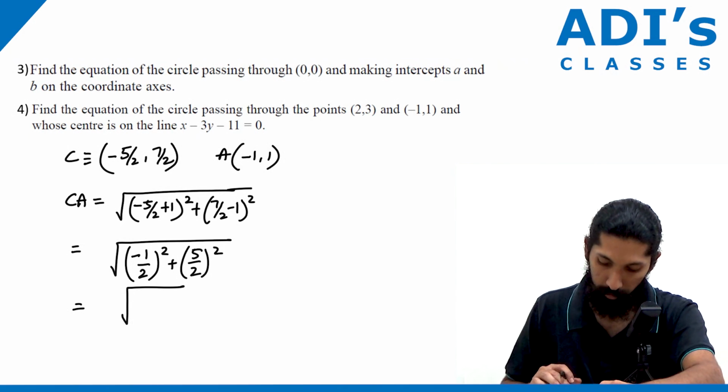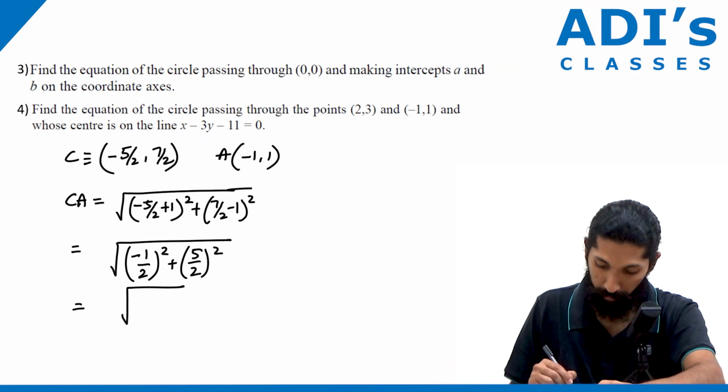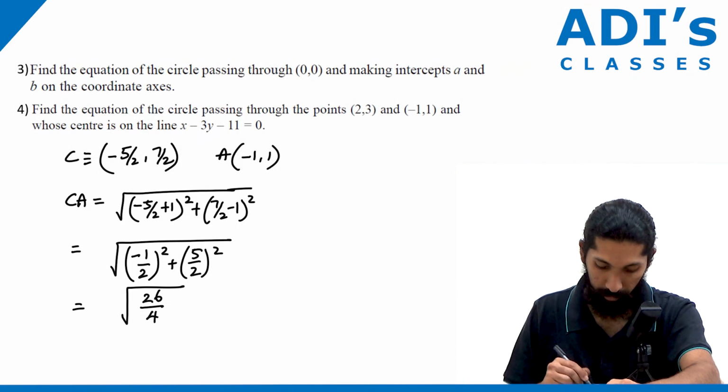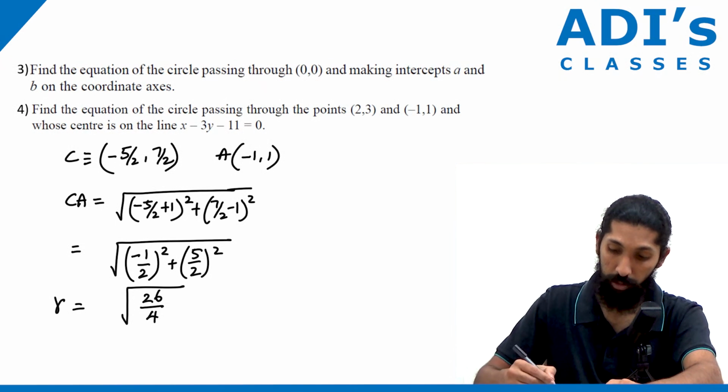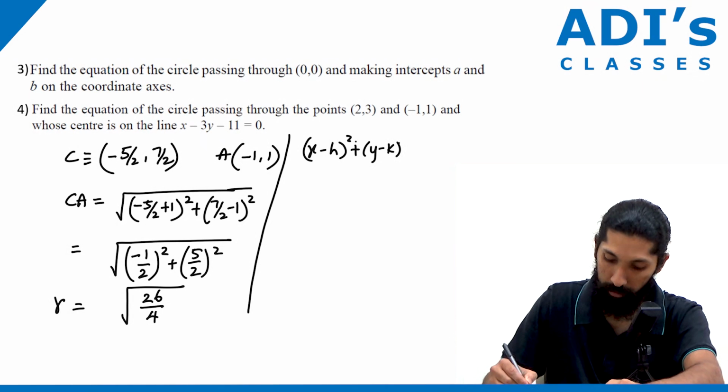Square root of, this is going to give us 9 plus 25 is 34, divided by 4. Do not take the root or anything, just keep it. This is radius r, because the equation is x minus h whole square plus y minus k whole square is equal to r square.